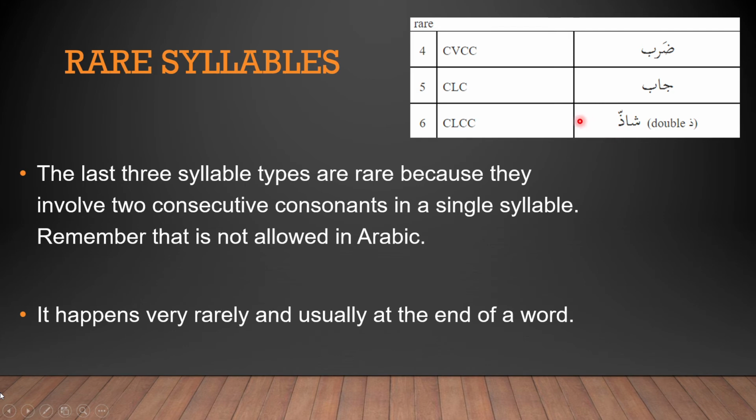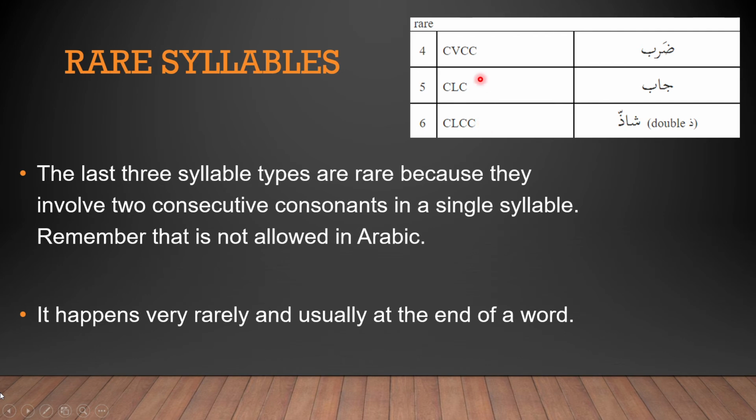So we see that the difference is that over here there is no need of a shadda because it's already sukoon. Two sukoons are enough. But over here there's a need of shadda because it's the same letter. Shadda only comes when there's the same letter. Over here there are two different letters, but over here it's the same letter. So that's the difference between syllable type 4 and type 6.